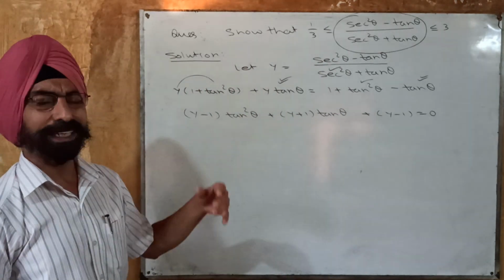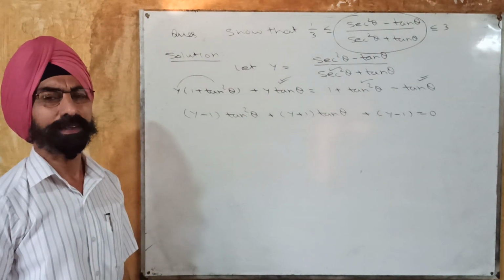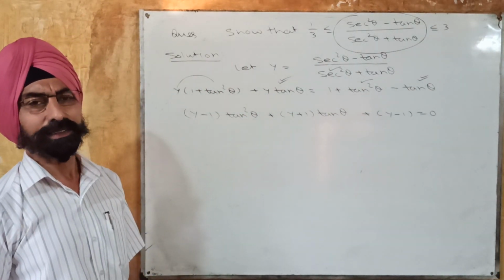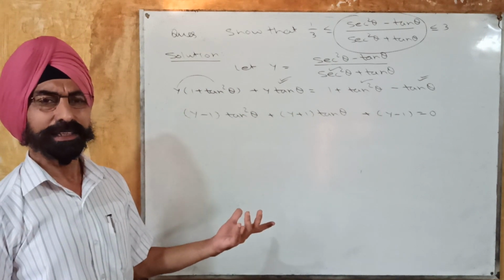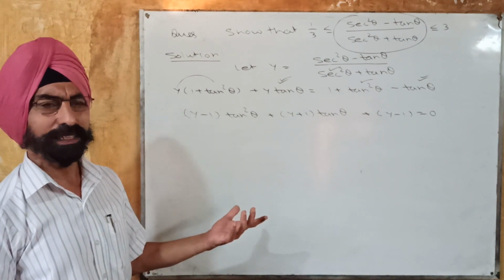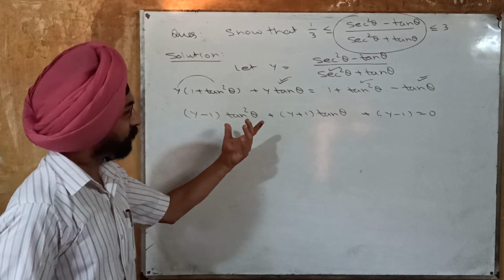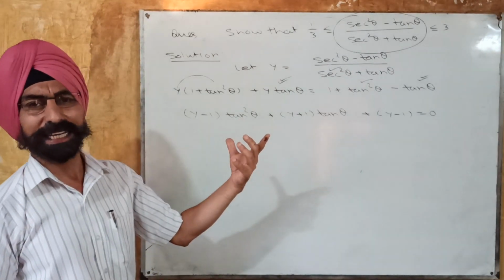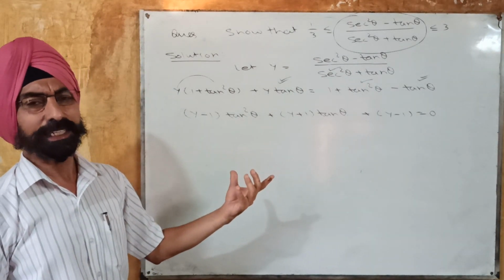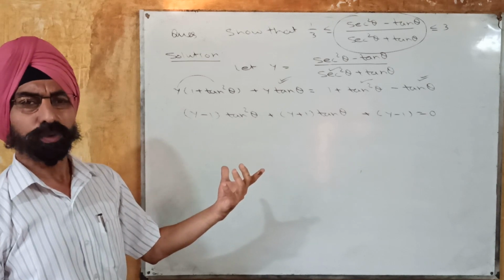So it is a quadratic equation in tan theta. And we know that tan theta is real, it cannot be complex, it cannot be imaginary. So if the roots of this equation are real, then the discriminant should be greater than or equal to 0.